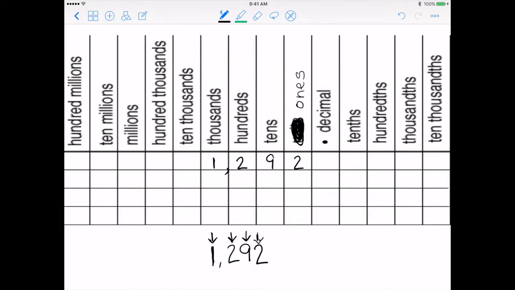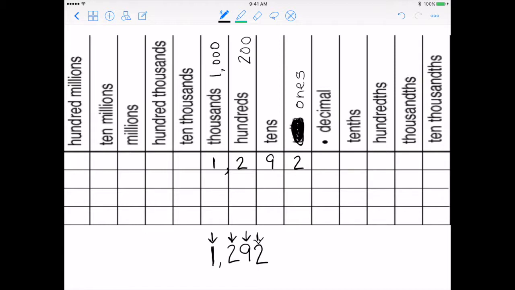So when you fill your number in on the place value chart, you see that the digit 1 actually represents 1,000. Our digit 2 in the hundreds place actually represents 200.